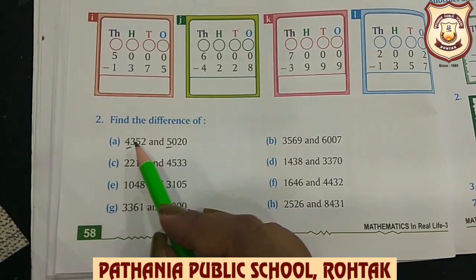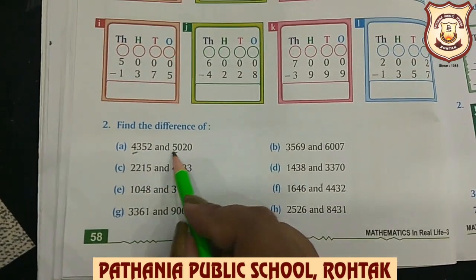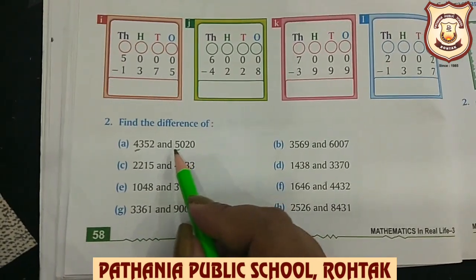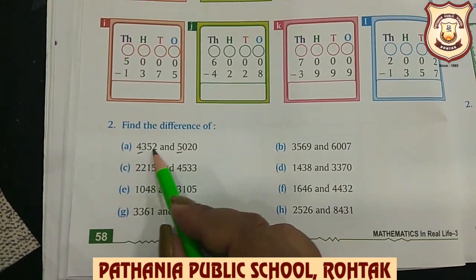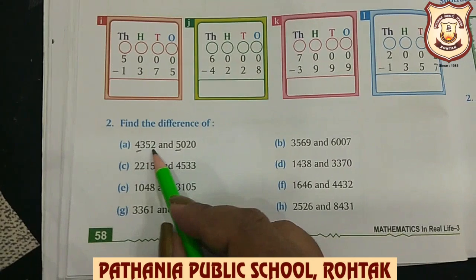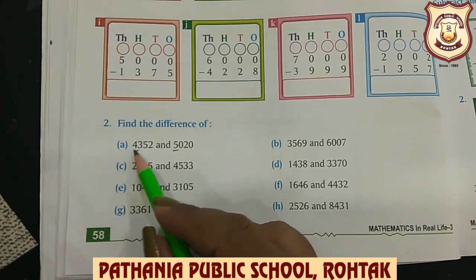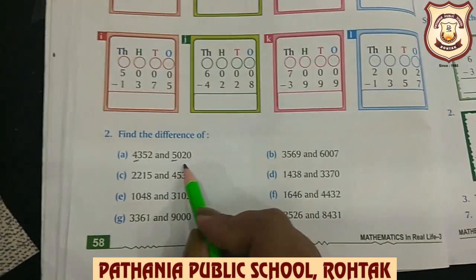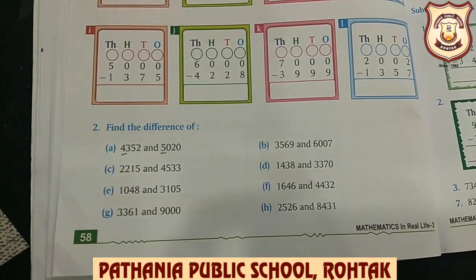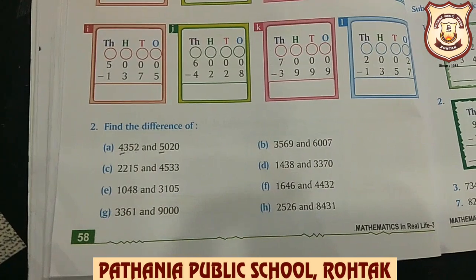So which one is bigger? Right, 5 is bigger. That's why 5020 is bigger than 4352. That means we need to subtract 4352 from 5020. Now beta, question number 2 we need to do in our notebook.